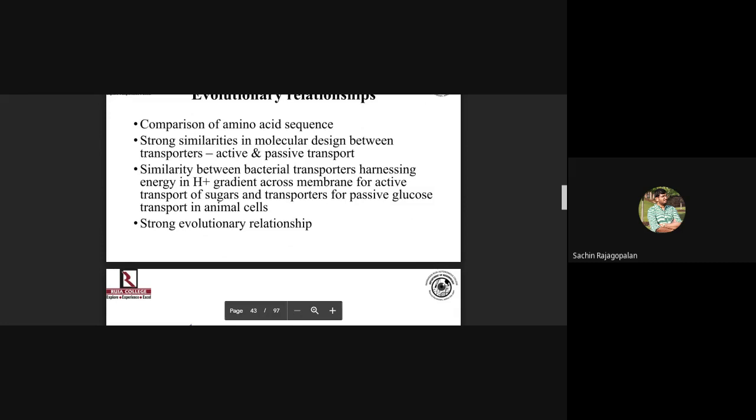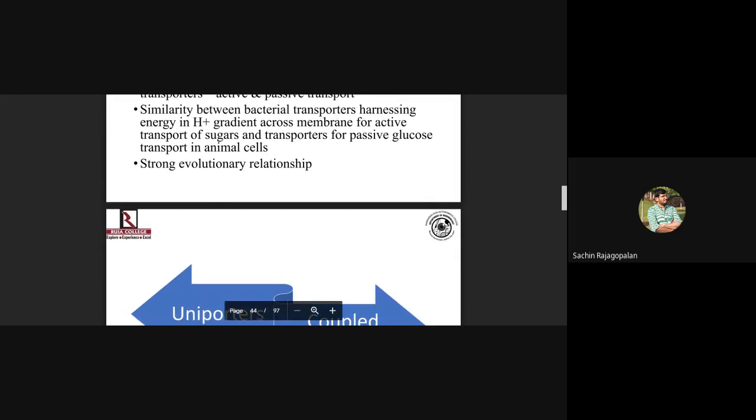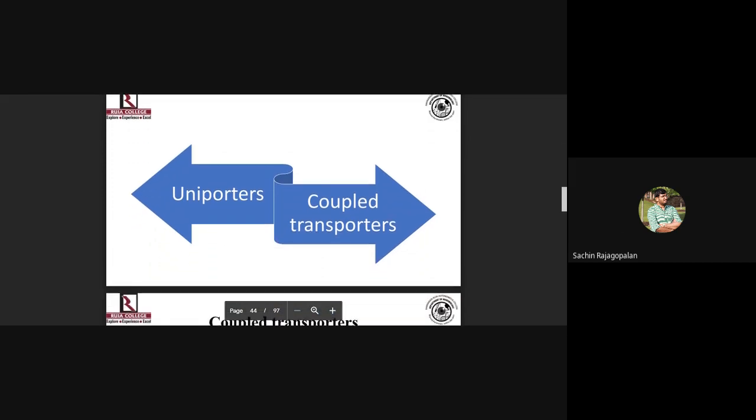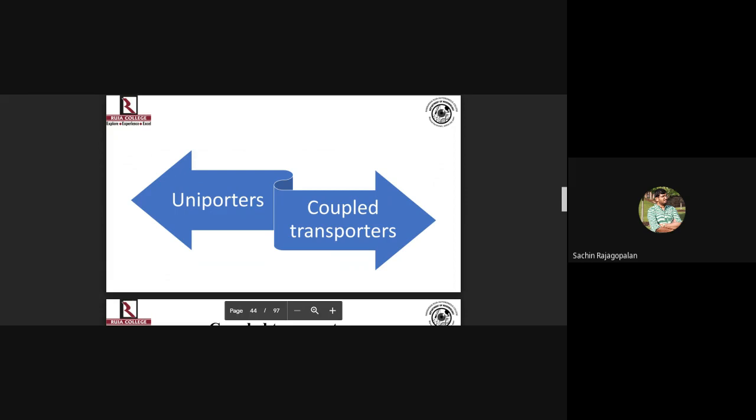So, in cell biology, at several points of time, right from division to other strategies and other structural features, you will realize that indeed we all come from the same ancestor, which is that unicellular archaebacteria, which came on Earth probably millions and millions of years ago.